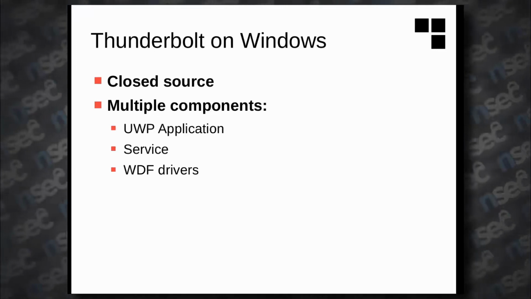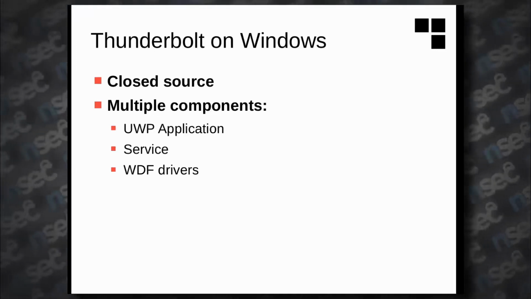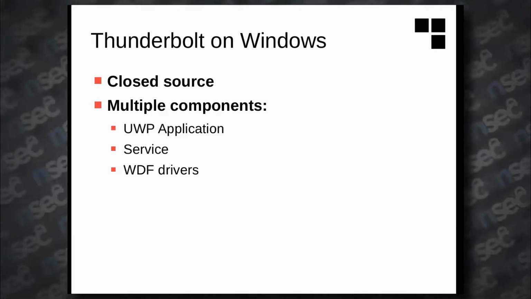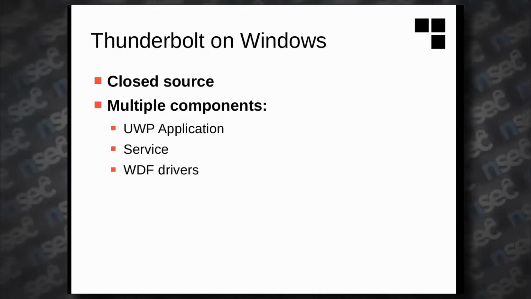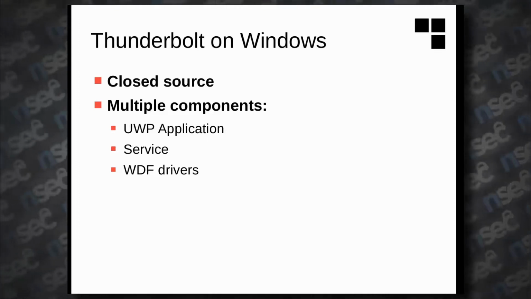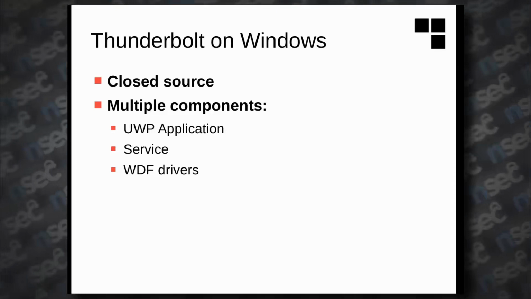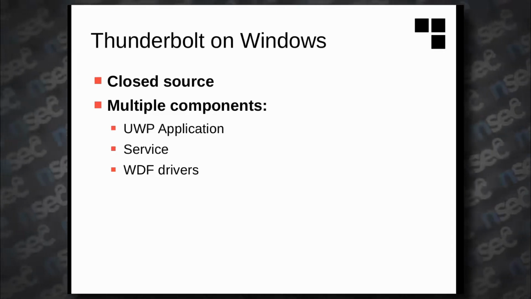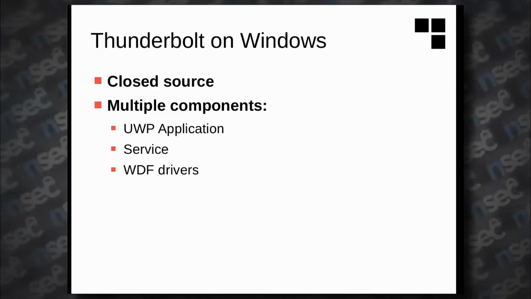This suite also has a service which communicates with the application, but also with the Windows Driver Frameworks drivers. There are two drivers: a userland driver and a kernelland driver, which are UMDF for userland and KMDF for kernelland.